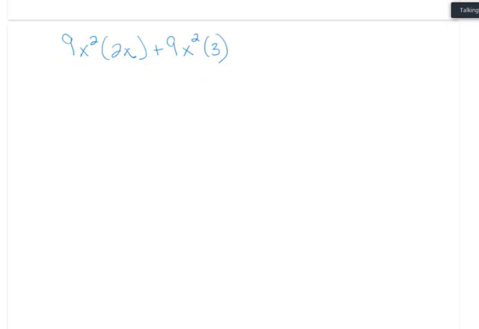So I can pull that 9x squared out of everything. I got 9x squared, but I want to get to 9x squared times 2x. So what do I got to multiply by? My 2x. Okay.